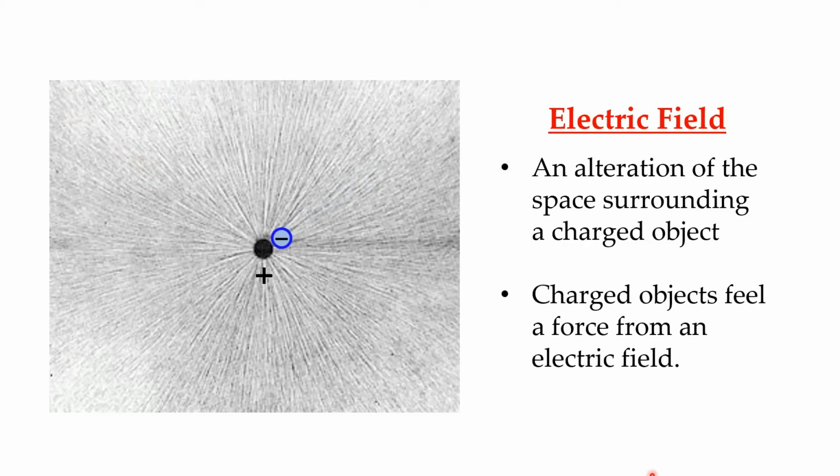The negative charge was attracted to the positive electrode, which is why we say that opposite charges attract. The positive charge was repelled by the positively charged electrode, which is why it was pushed away from it. The two charged objects were really just reacting to the electric field that occupied the space I placed them in.